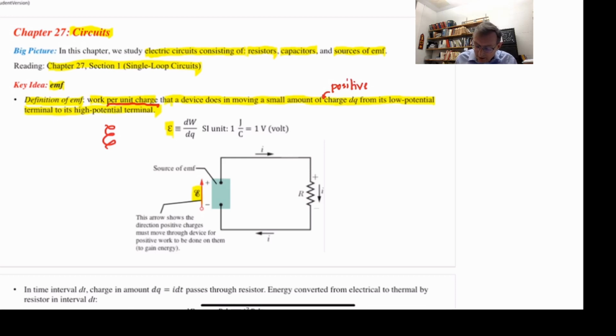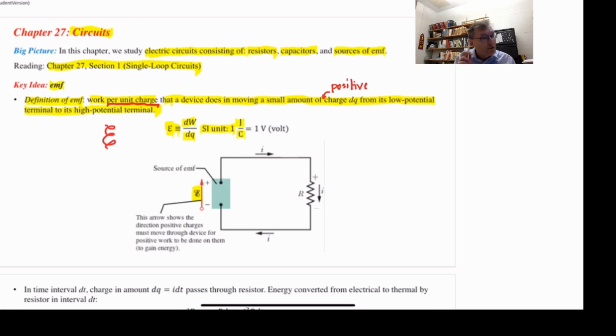Now, by definition, EMF is work per unit charge. It's the amount of work, dW, done on an amount of charge, dQ, divided by dQ. Work per unit charge. So the SI unit of EMF would be the unit of work, Newton times meter, but that's a joule, divided by the unit of charge, Coulomb.